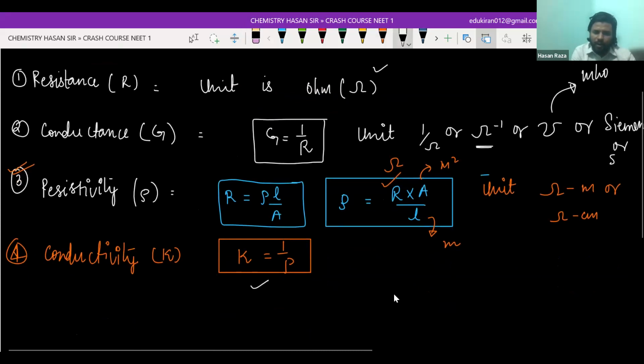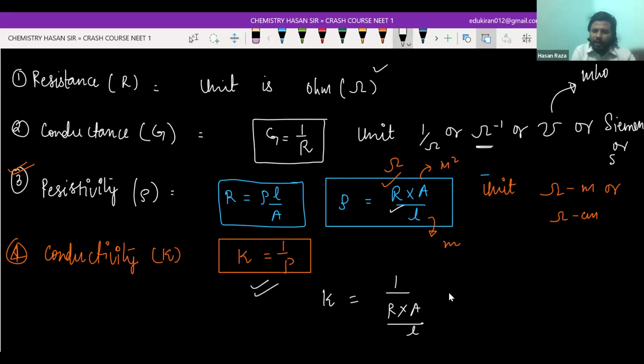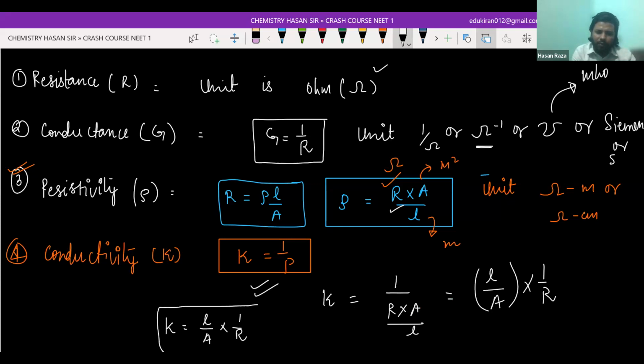At the place of rho, I can write R into A upon L, and then you can write L by A into 1 by R. I just rearranged it, nothing else. So kappa has a new formula, that is L by A into 1 by R. This is the new formula of conductivity.